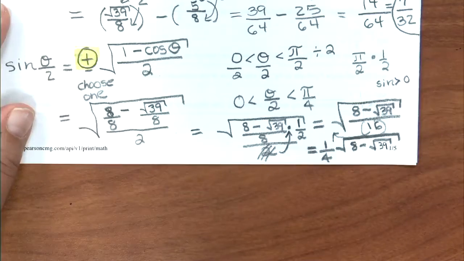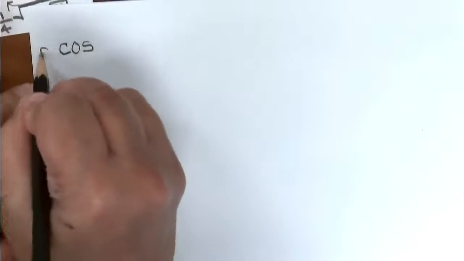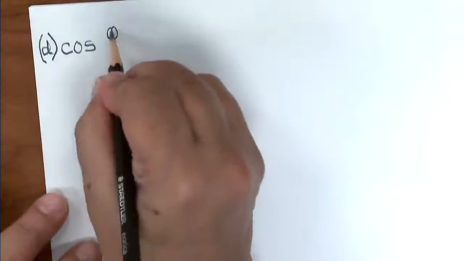Cosine of theta of a half angle. Okay, now I've run out of room, so let me move to paper. So now I'm on part D. That part was we're trying to do cosine of theta over 2.